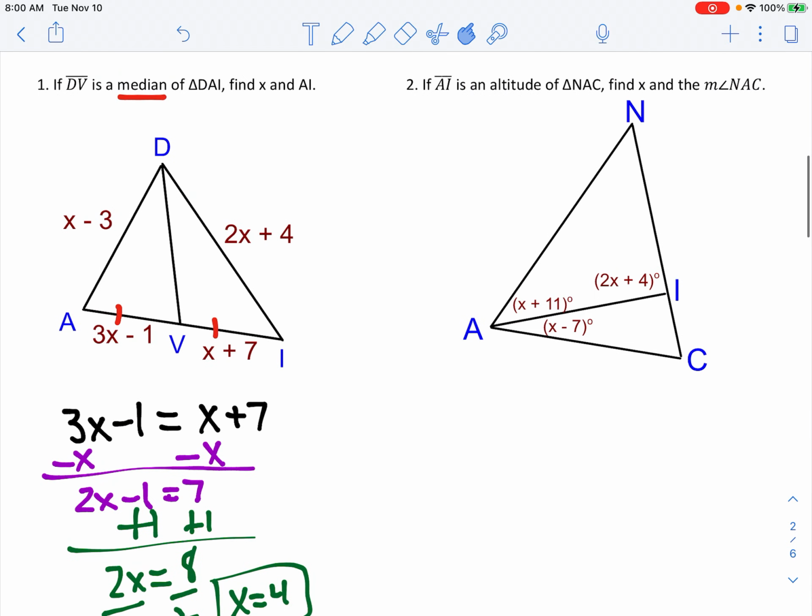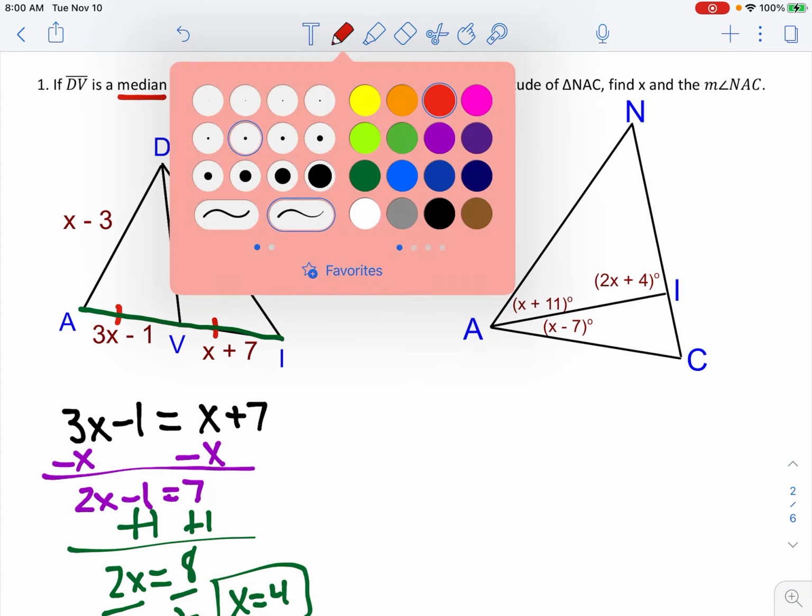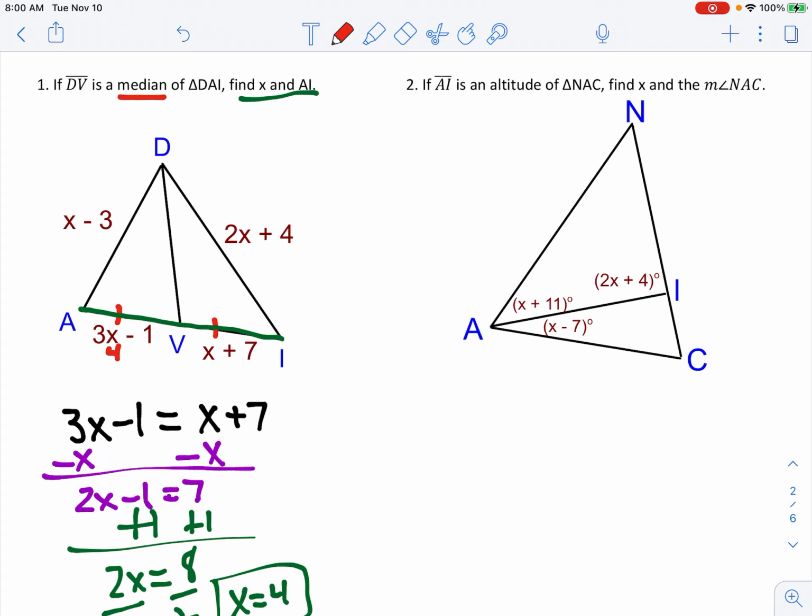Now, you'll notice this question asks us to find x and AI. So what I'm going to do now is go back and plug it in. AI is this whole entire line. So that means I need to plug it into both expressions and then add them up. Let's plug it into this one first. 3 times 4 is 12. 12 minus 1 tells me this is 11.